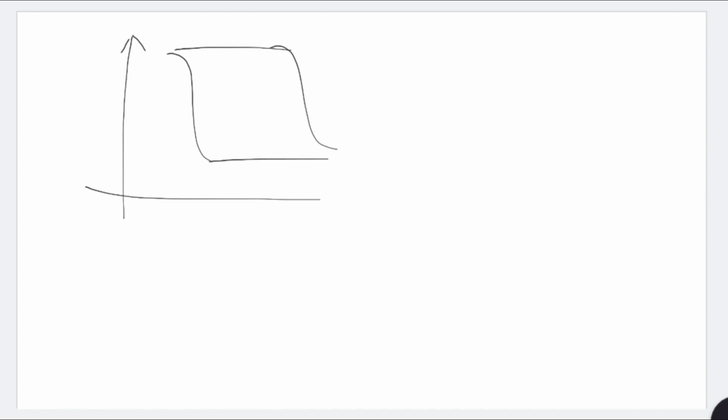Let me draw the graph again. So basically, we have a situation like this. This is C. This is D. So we cannot do a vertical strip. Instead, we're going to pick a horizontal strip.